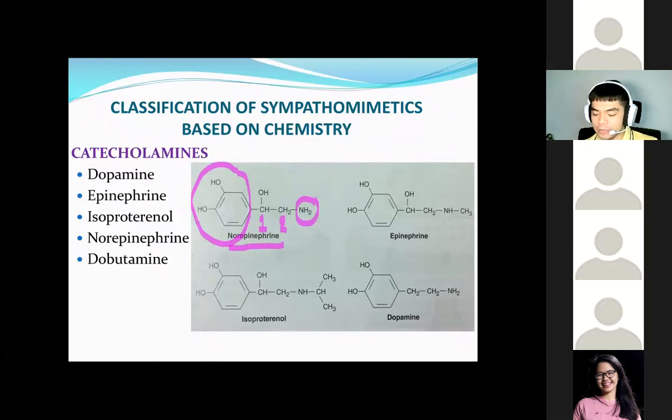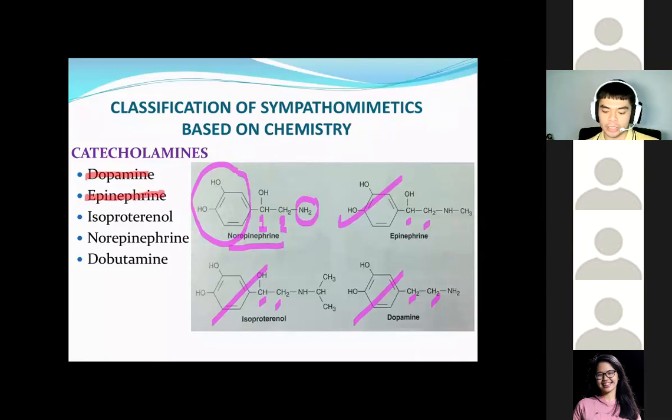Ang epinephrine, same thing, 1, 2. And then isoproterenol, 1, 2. Dopamine, 1, 2. Not to mention na meron silang catechol ring structure. So, yan ang mga examples. Now, those that I will highlight red are natural. Dopamine, natural catecholamine siya.